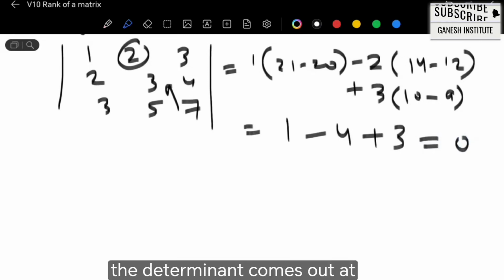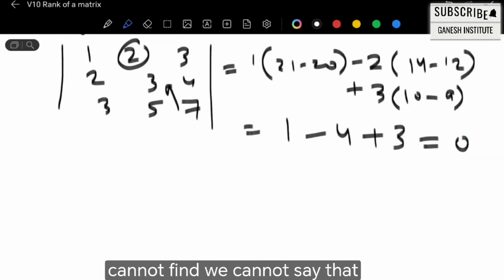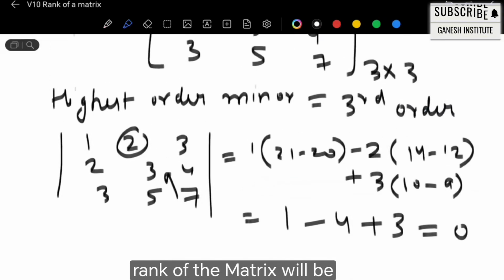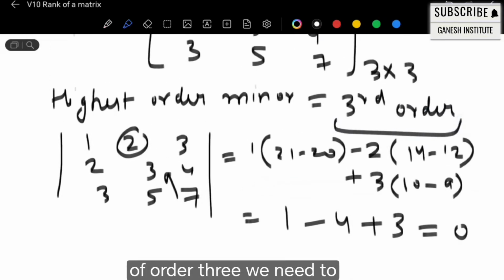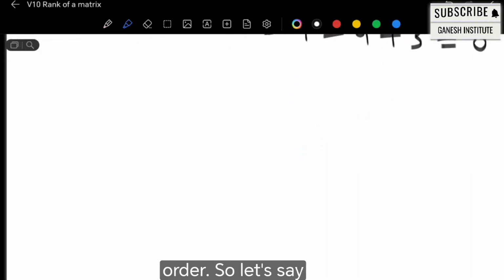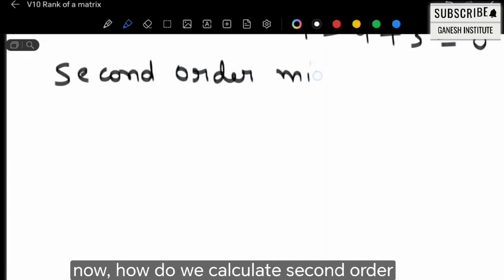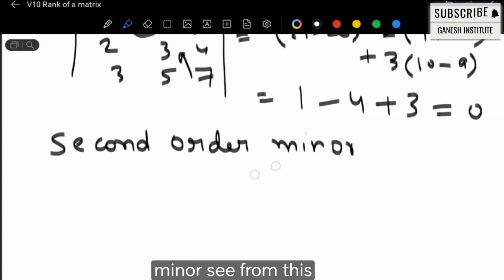Because the determinant comes out as 0, we cannot say that the rank of the matrix will be of order 3. We need to go for a smaller order. So let's say we have a second order minor. Now how do we calculate a second order minor?